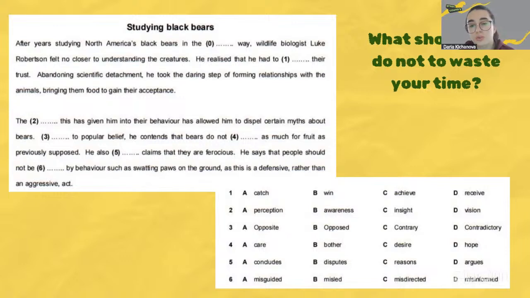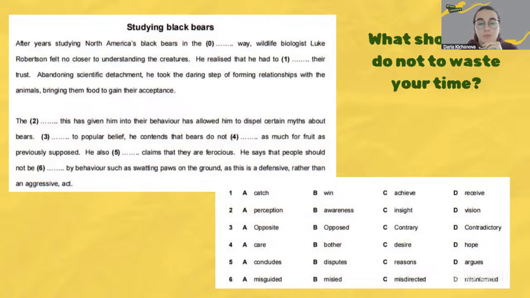You need to read it one more time, and you think that the insight has given him into behavior, has allowed him to dispel certain myths about bears. So he found something new, and we know that insight into their behavior sounds good, and let's choose it for now. If you are not sure, you keep it.